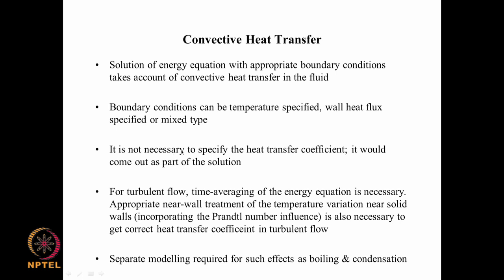And it is important that it is not necessary to specify the heat transfer coefficient, it would come out as part of the solution. Now the heat transfer coefficient that we are talking about is the heat transfer coefficient at the wall inside the flow domain.